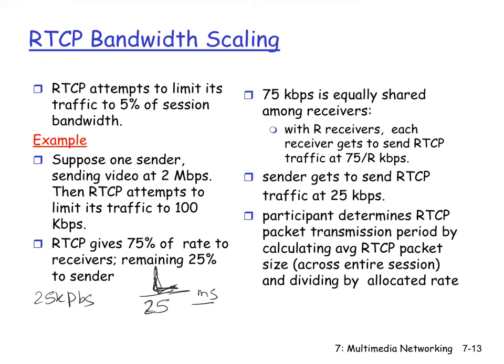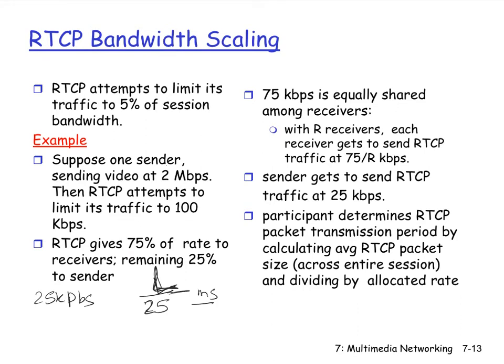This means that every 1 over 25K seconds, we can send 1 bit. If the length of the sender report packet is L, then every L over 25K seconds, or L over 25 milliseconds, we can send 1 sender report. So this is the inter-transmission time between each sender report.